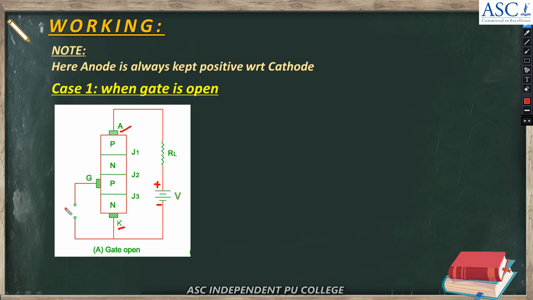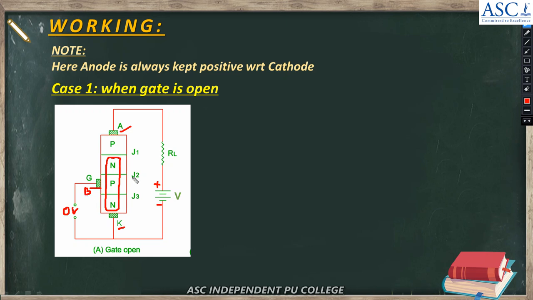It means the voltage applied between gate and cathode terminal is 0. That is, the voltage applied between gate and cathode equals 0 volt. That we call the gate being open. When the gate is open, this SCR looks like an NPN transistor with open base. The gate terminal acts like a base terminal.